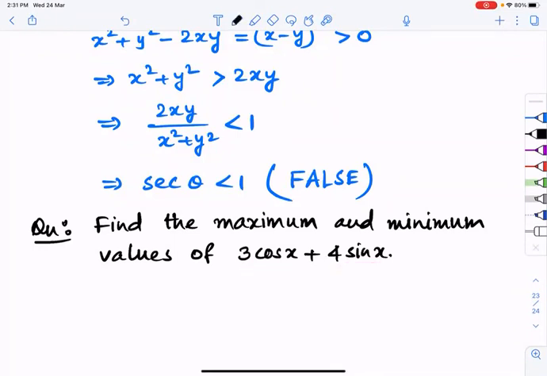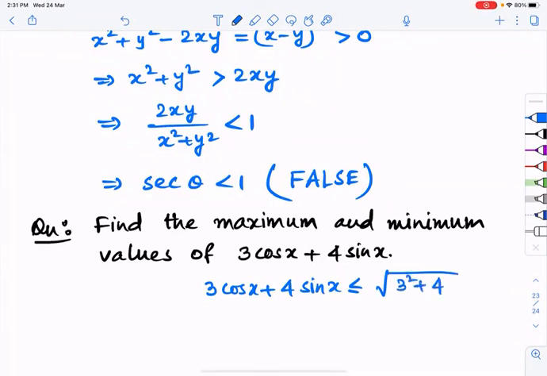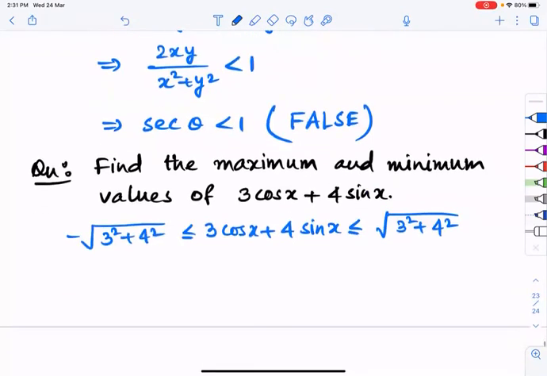I have told the formula, that is 3 cos x plus 4 sin x. For a cos x plus b sin x, maximum is root under a square plus b square, and minimum is minus of root under a square plus b square. So the minimum value is minus 5, and the maximum value is 5. This is how we can solve this type of question.